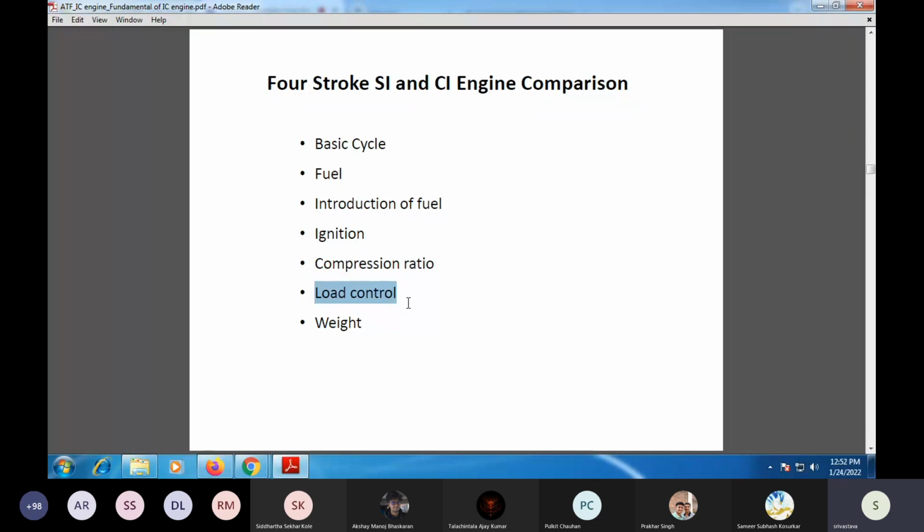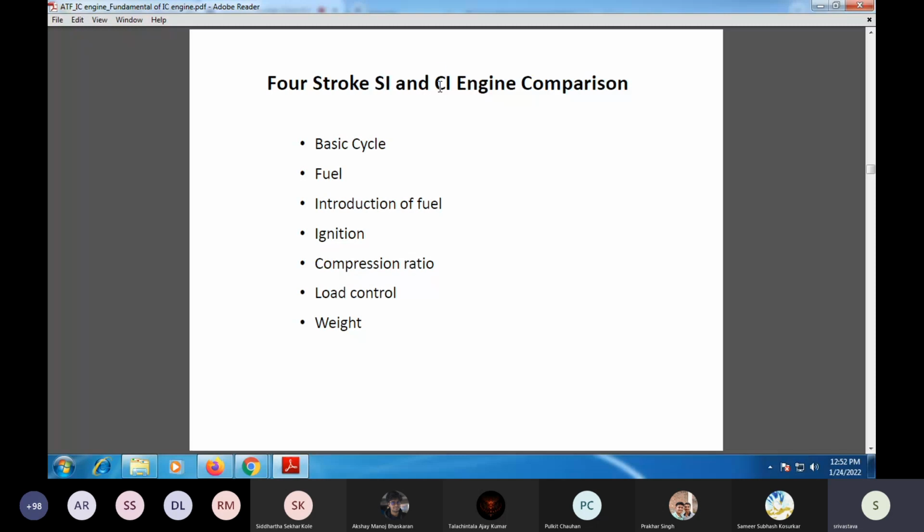So in an SI engine, it is the throttle plate through which we are controlling the load, or controlling the mixture of fuel and air. We are controlling both fuel and air in order to generate the load in an SI engine.